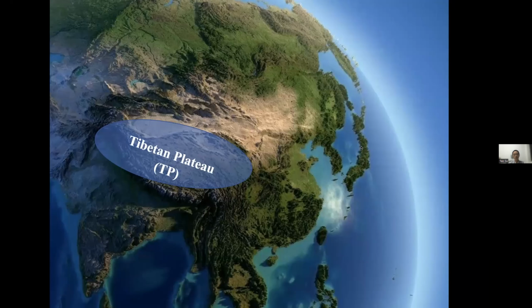As you know, the Tibetan plateau is very huge and it's very high in elevation. The average elevation is about 4,500 meters. So it's quite high. And how did it form during the Cenozoic? And what did the plant diversity evolution look like?